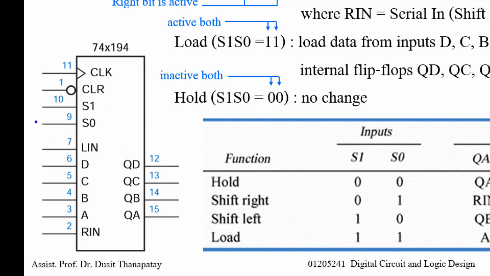But if you apply 0 here, 1 here, S0 active, so data will come from Rin, go to QA, QA to QB, QB to QC, QC to QD. Right mode. And when S1, S0 is 11, it's load mode. You read or load data from the D, C, B, A inputs at the same time. That's all for the modes of this 194 chip register.